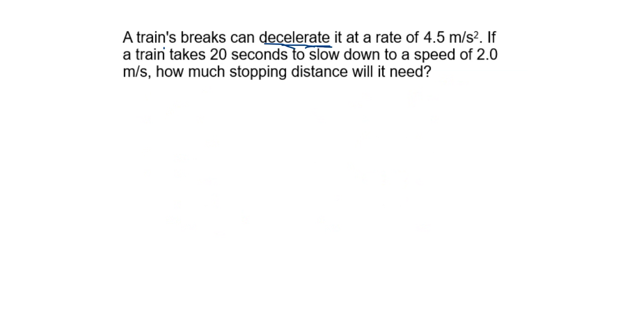So you're going to write down variables. We know that the acceleration out of the first block is 4.